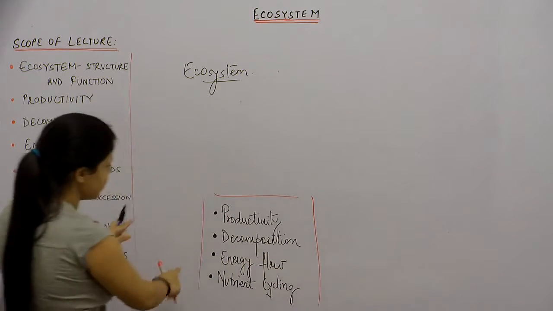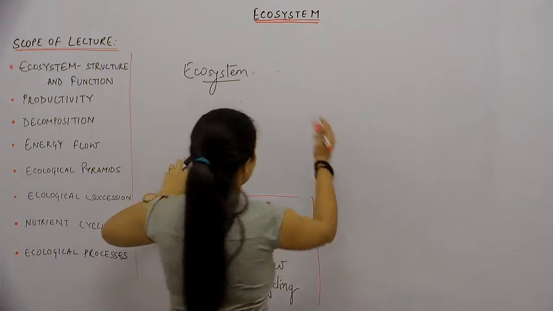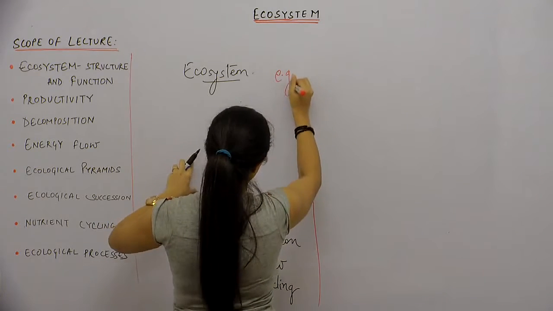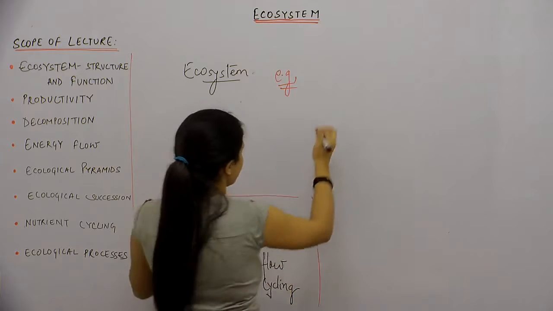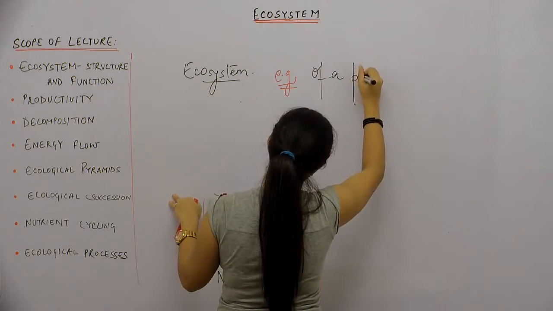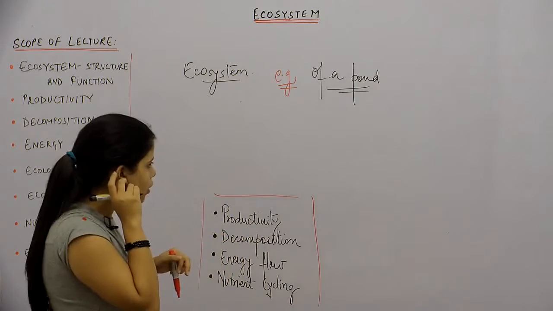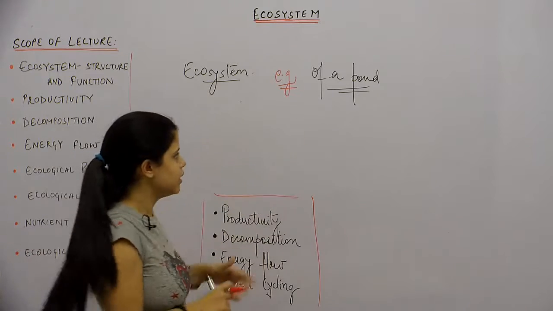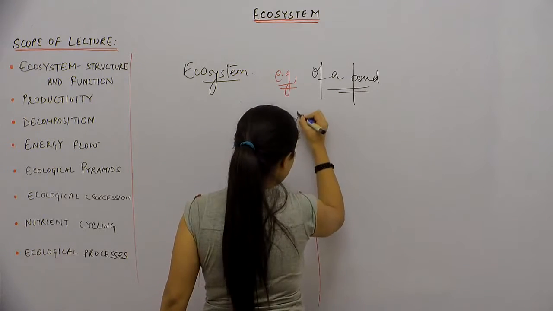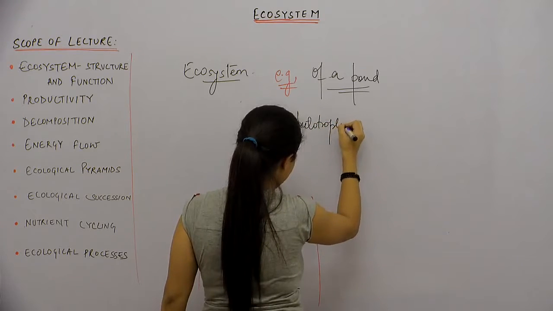So I'll give you an example based on these four aspects only. Now let me take an example of a pond. Okay. So in a pond, basically there would be autotrophs that would be present, right?